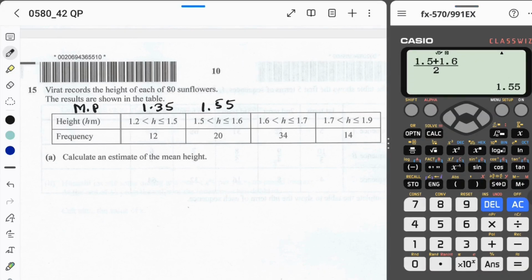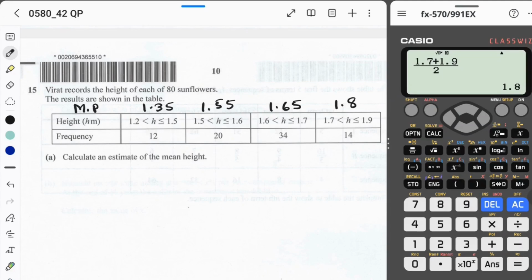So 1.6 and 1.7, we know that it will be 1.65. Then 1.7 and 1.9: 1.7 plus 1.9 and then divided by 2 equals 1.8 only.